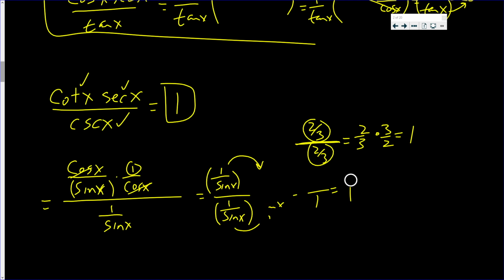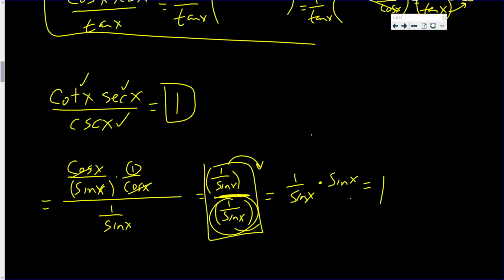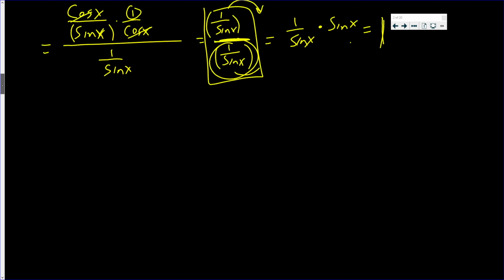Or you could have done what I suggested you don't do. You keep the top, you change division to multiplication, and then the bottom you flip over. Again, you get 1. Divide the same two quantities, you get 1. Let that be a skill you have. The next problem.